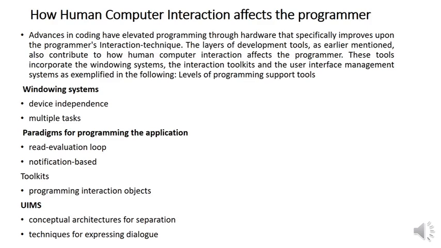The layers of development tools, as earlier mentioned, also contribute to how human-computer interaction affects the programmer. These tools incorporate the Windows systems, the interaction toolkits, and the user interface management system as simplified in the following level of programming support tools.